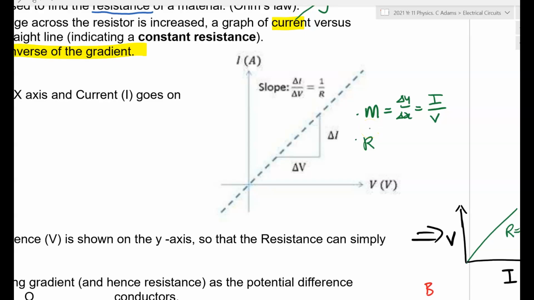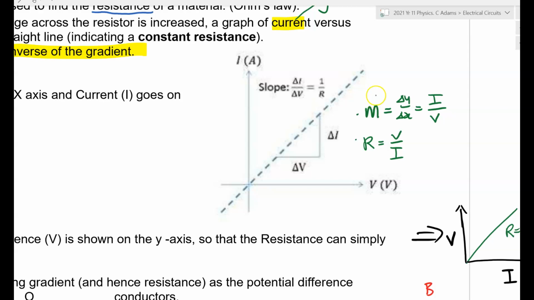But the resistance is V over I, and you can see pretty well straight away that they're the inverse of each other.